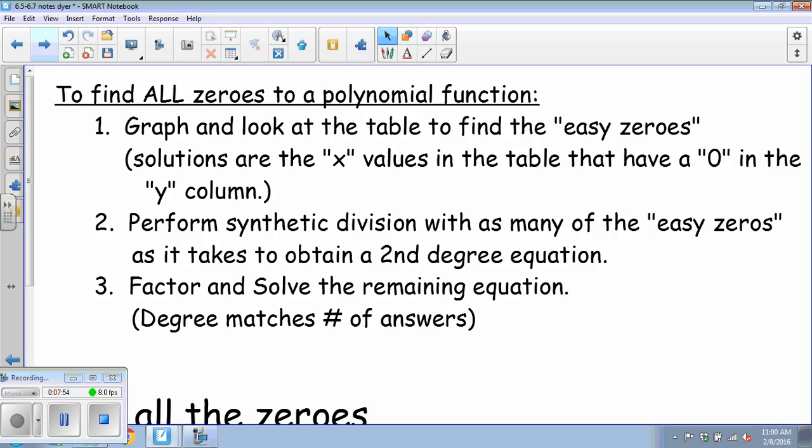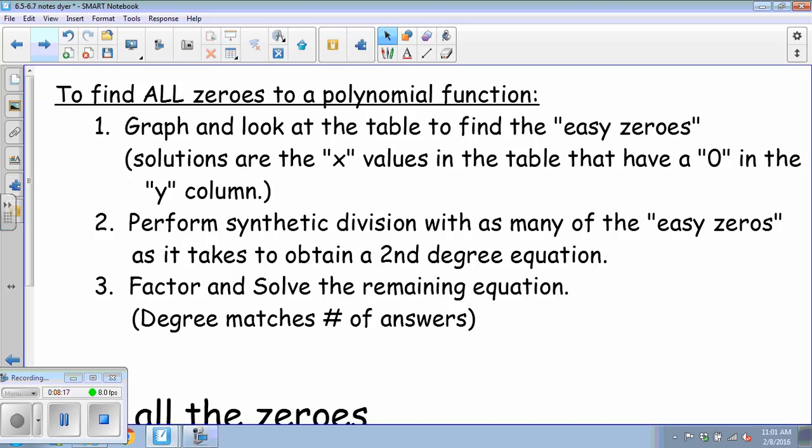So, to find all the zeros to a polynomial function, which means find all the solutions, graph it and look at the table to find all of the easy solutions. And the easy solutions are the x values in the table that have 0 in the y column. Okay, so we've already done that. Once you know what the first couple easy solutions are, you want to find as many as you can.